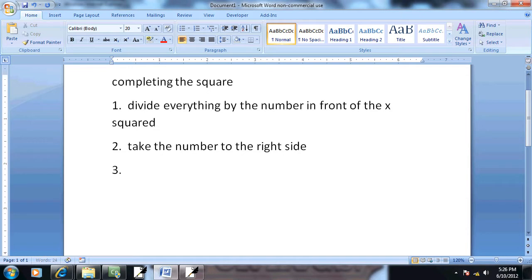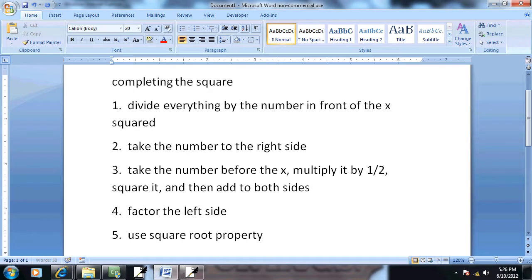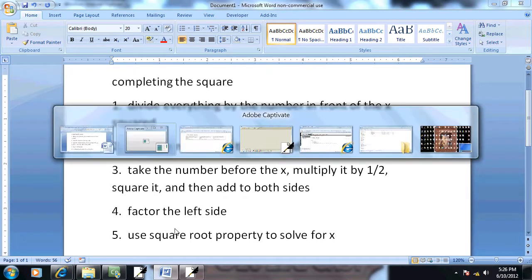Step 3, take the number before the x, multiply it by 1/2, square it, and then add to both sides. Step 4, factor the left side. And step 5, use the square root property to solve for x. Those are the steps we're going to be going through in these problems.